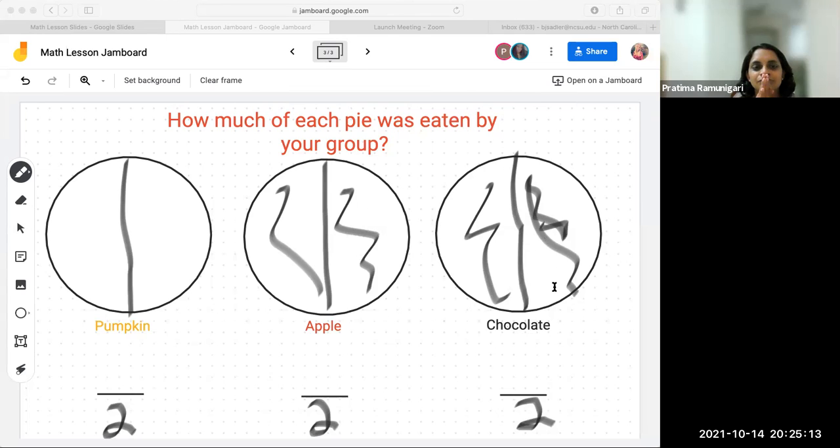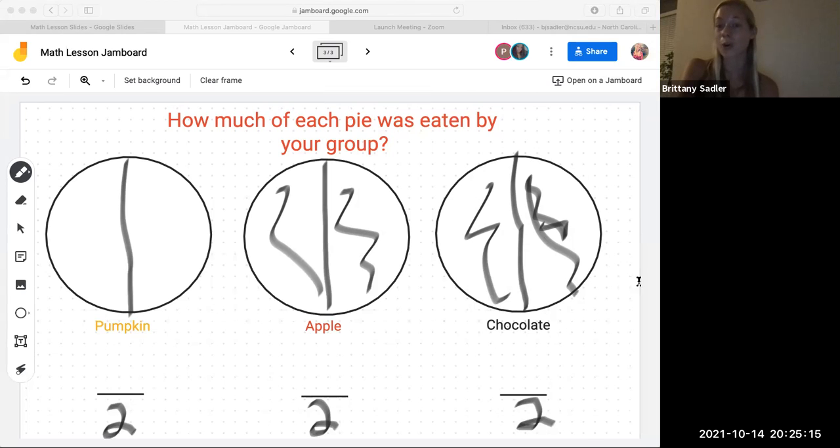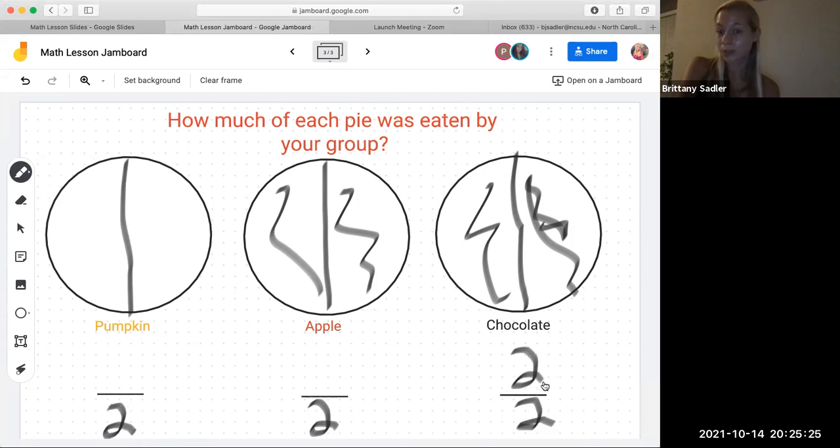Yeah, so we shaded in 2 slices so that the whole pie was eaten. So the numerator would turn out to be the number of slices eaten. So it would be 2 over 2. And if you remember from 2nd grade, that number makes 1 whole. All right, great job, guys.